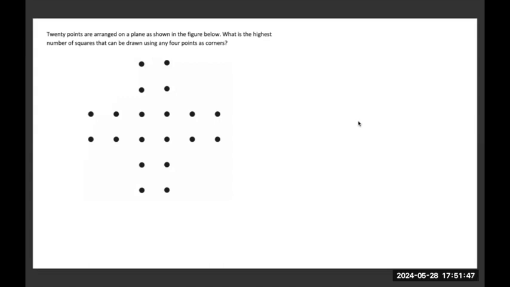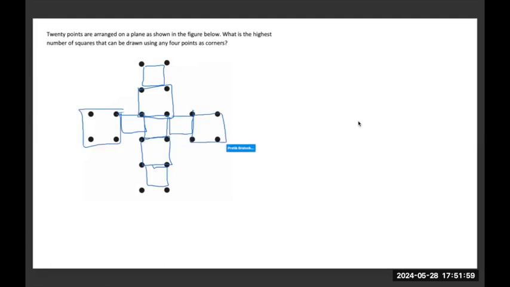The first attempts are just going to draw single squares which are possible. So 1, 2, 3, 4, 5, 6, 7, 8, and 9. So like this, we get 9 squares.